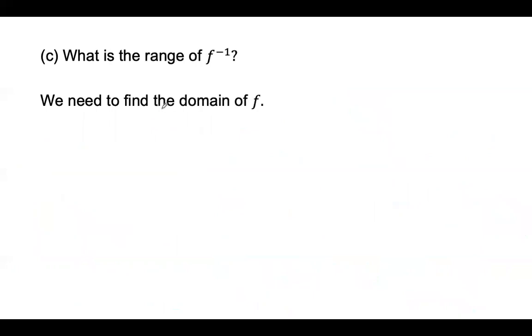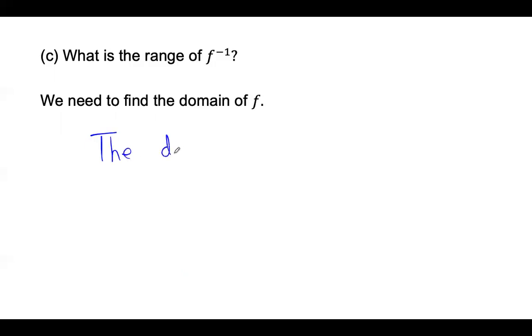So for part C, it says, find what is the range of the inverse of f? So we need to find the domain of f, but that was given in the question, because we know the range of the inverse is going to be the domain of f. So I'll just make a little note.